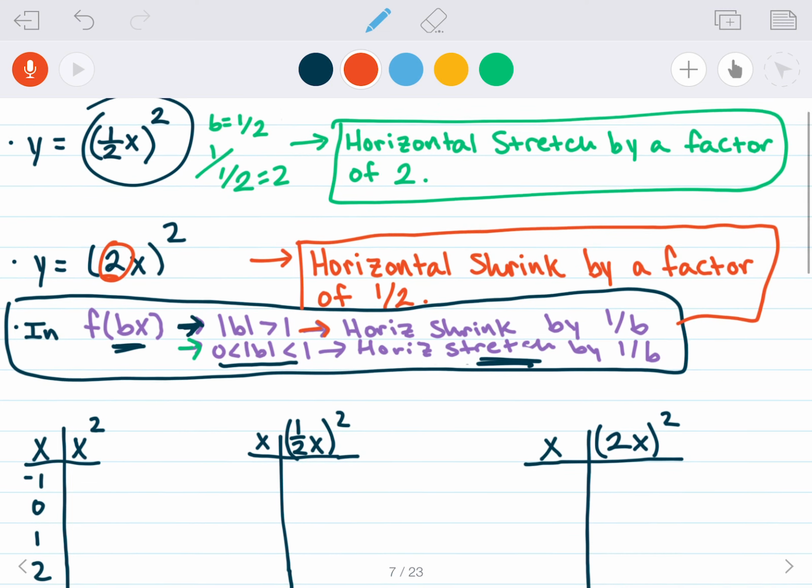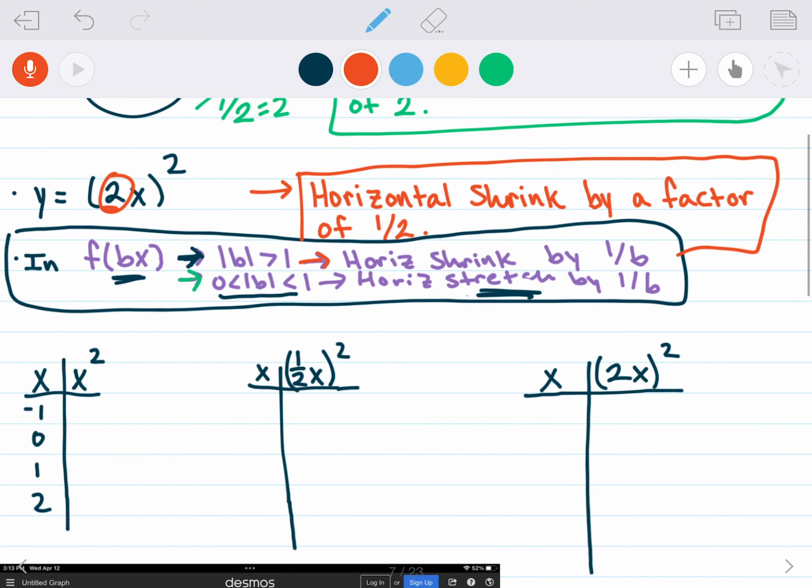So when I make my little t-chart, I'm going to continue this pattern of using the parent function x squared. We'll look at some other ones in a few slides, but when I introduce this stuff, I really like x squared because I think it's one of the simpler ones. Let's fill this out first with our outputs. My outputs are going to stay the same, again, because horizontal compressions and stretches only affect x, not y.